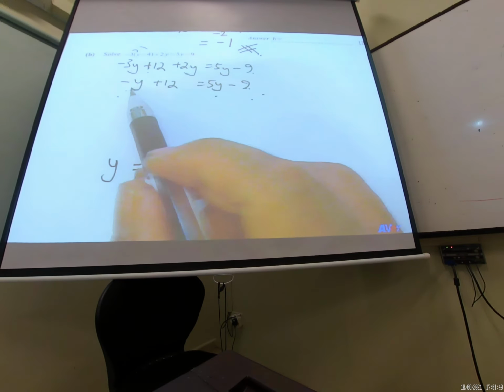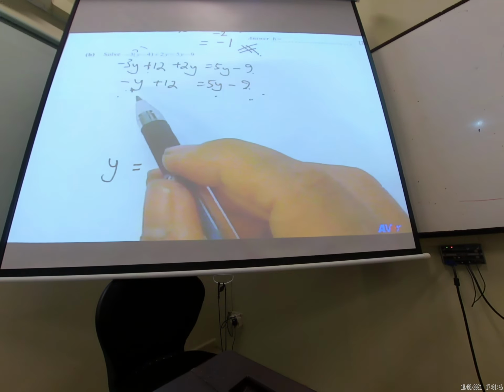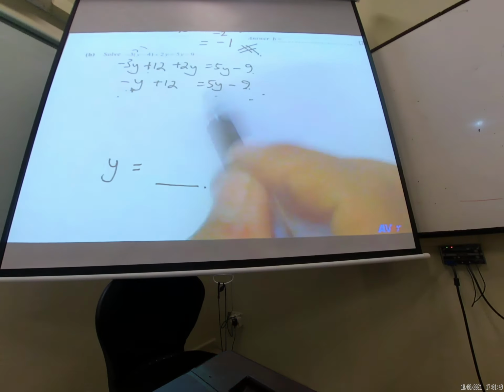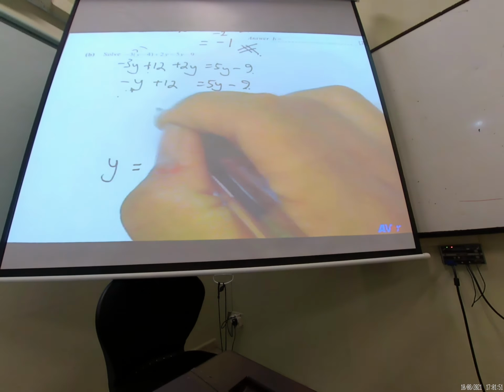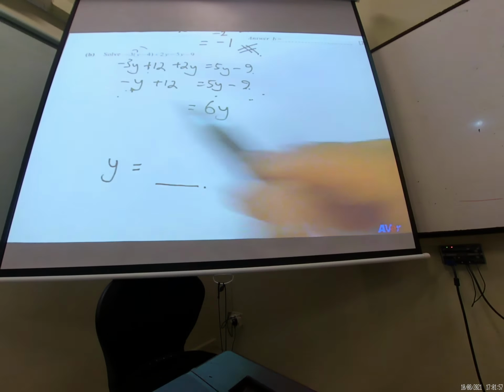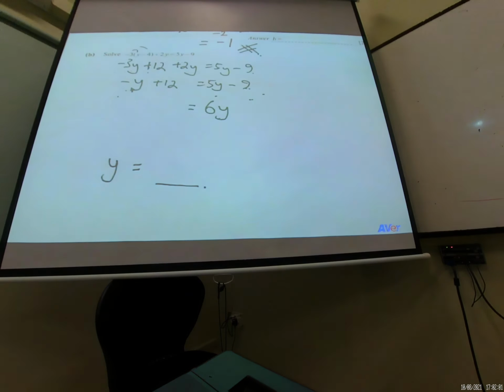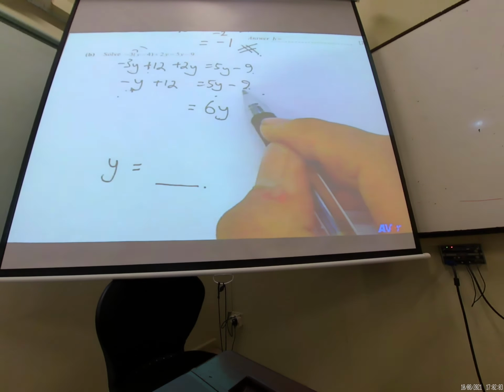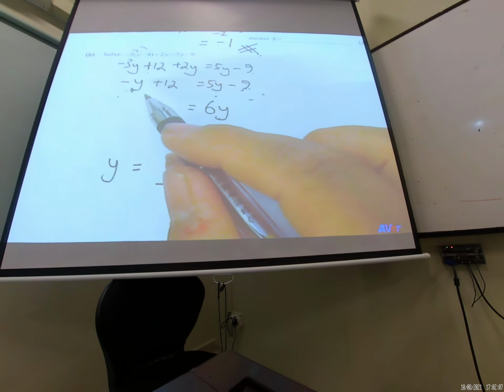If I want to put all the y on the right hand side, I need to add y. Negative y add y becomes no more y. So I add y to both sides. This one disappears, 5y add y becomes 6y. I don't want the negative 9 on this side, I want all the numbers on the left hand side.